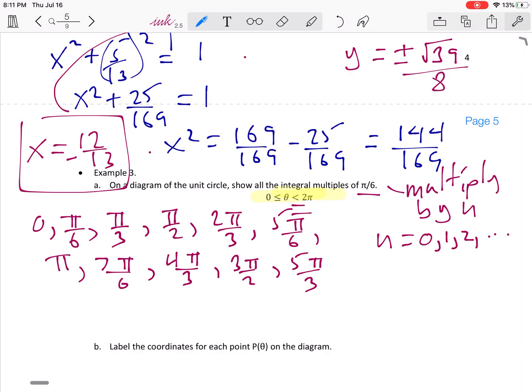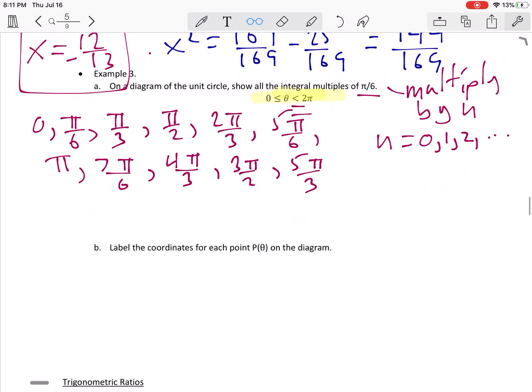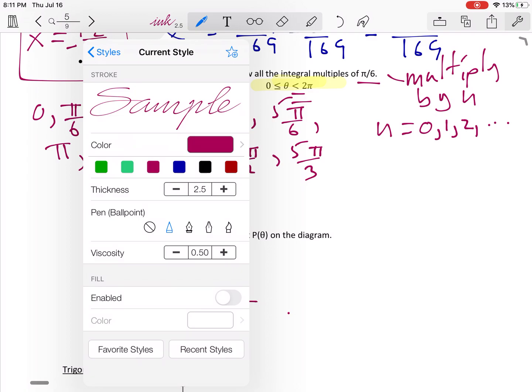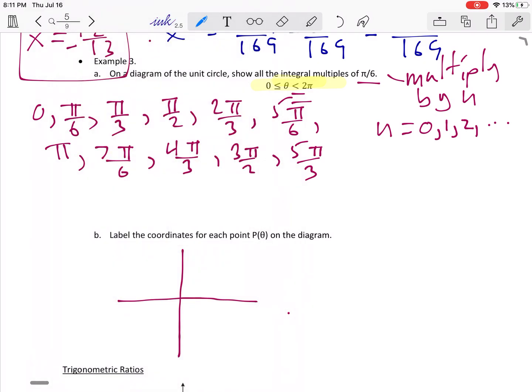Now, if you wanted to draw this out, as the question is stating, I'll just put that over here. So here's your grid. First off, let's just look at what pi over 6 is, just to give you an idea what degrees that is.